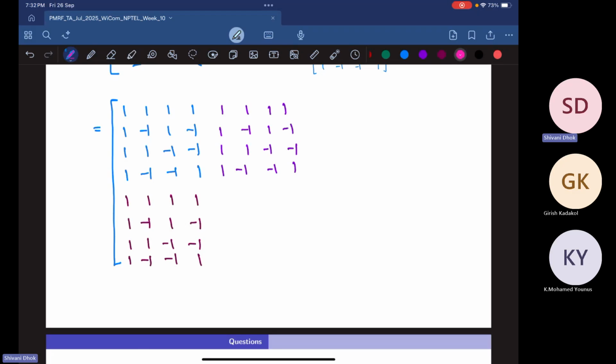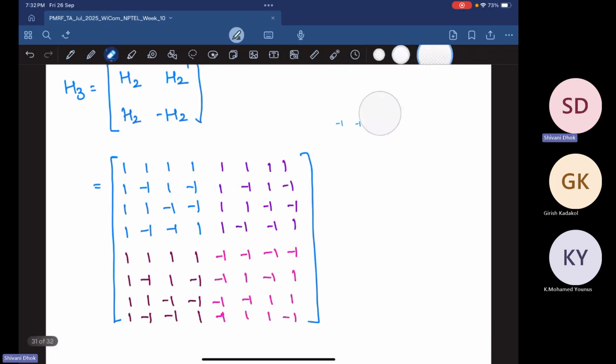So we have the negative of it. So minus 1, minus 1, minus 1, minus 1. Then minus 1, 1, minus 1, 1, minus 1, minus 1, 1, 1, minus 1, 1, 1, minus 1.